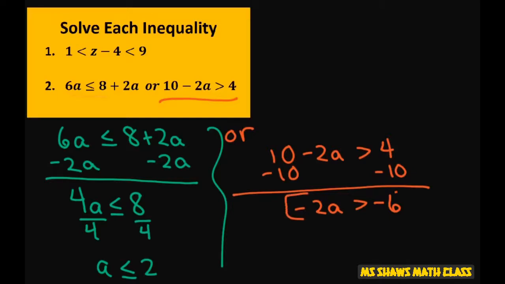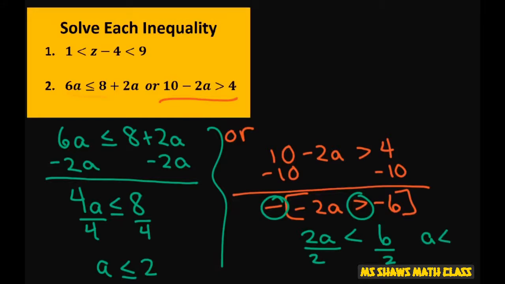Now I'm going to multiply through by negative, or you can divide everything by negative, and this just makes everything opposite. So when you multiply or divide by negative, you have to flip this. And then you're going to get 6 here. When you divide both sides by 2, you get a is less than 3.